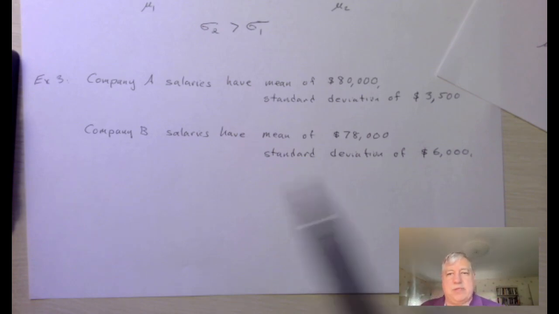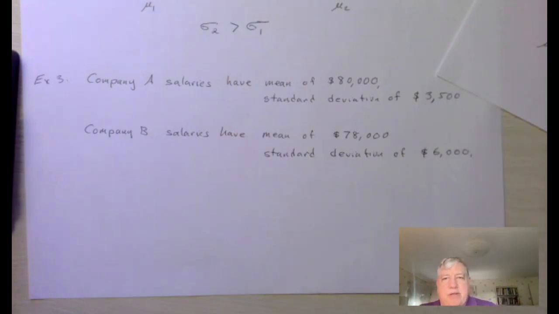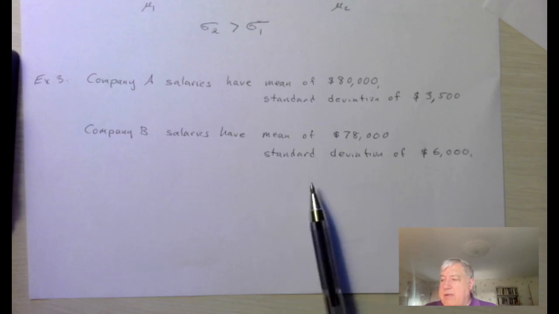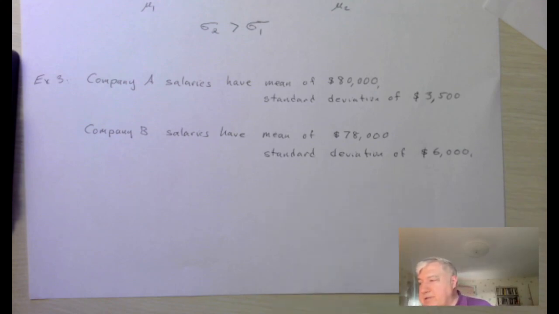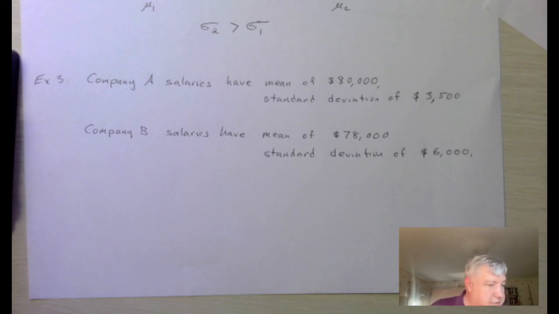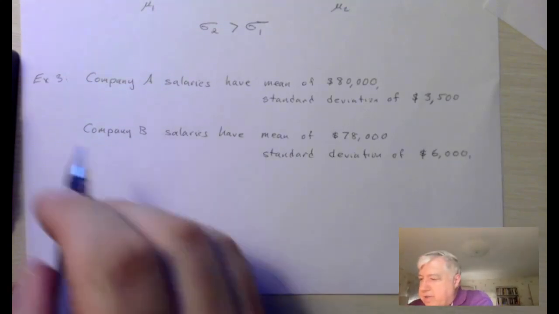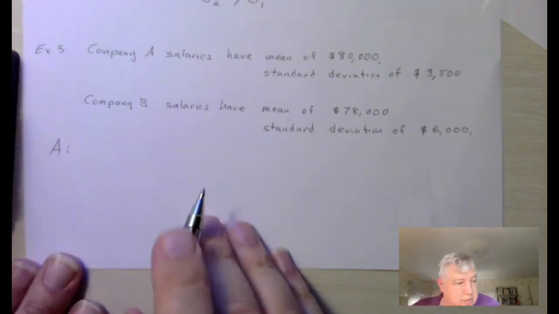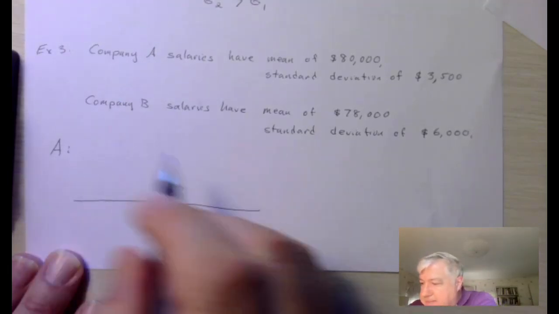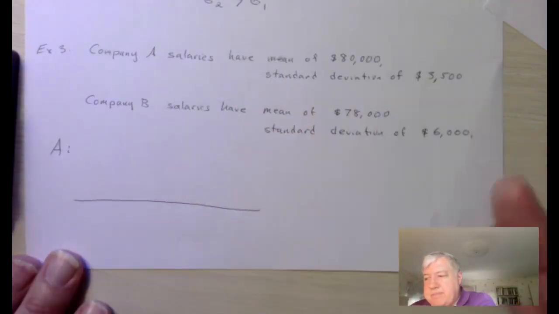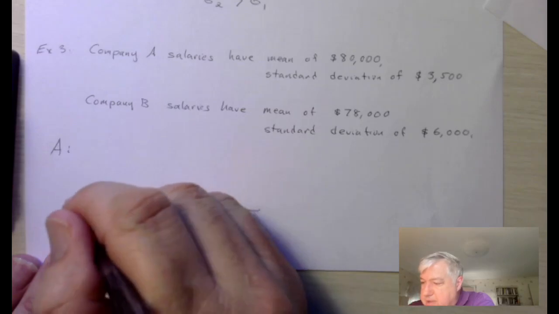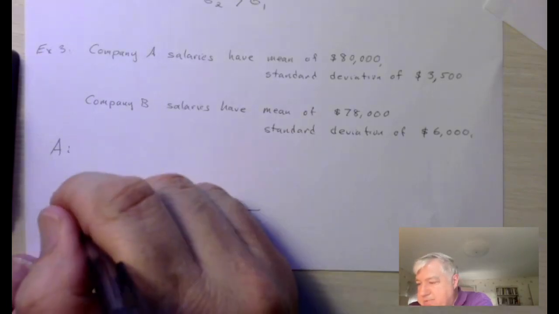In Company A, we have a standard deviation of 3,500, and in Company B, we have a standard deviation of 6,000, right? So you say, who cares? Well, if we look at Company A, and draw a picture of what's happening here, let's assume that these are both bell-shaped symmetric distributions.